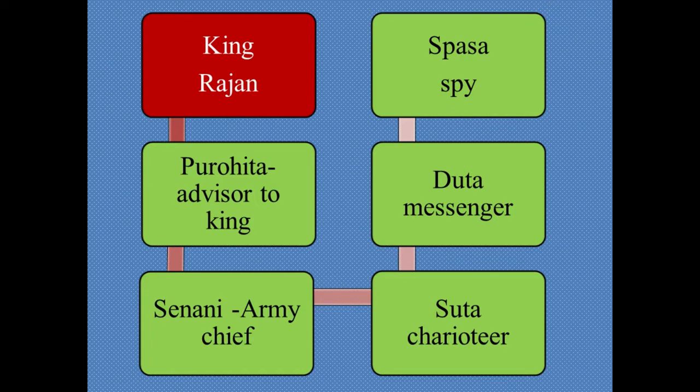Spasa, which means a spy, was an addition in the times of the later Vedic period. Duta was a messenger, which came up in the later Vedic period. And likewise, Sutha was another position enjoyed during the later Vedic period, which means a charioteer.